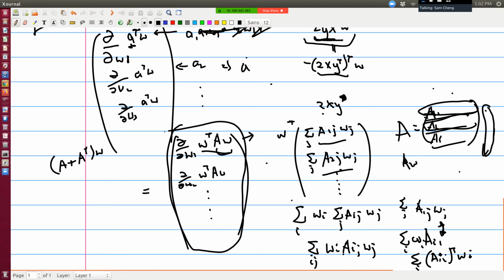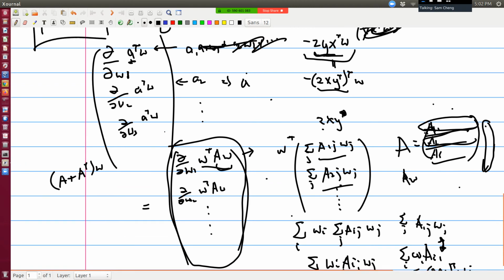Is that clear? Did you say this was a model for a single neuron? Oh no, we are doing linear regression.